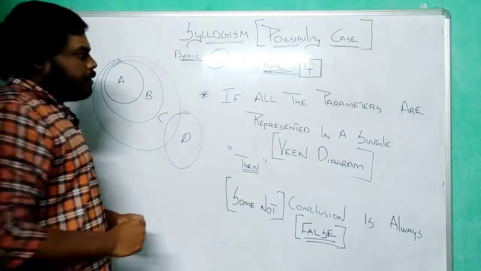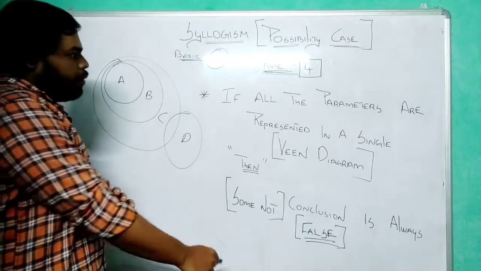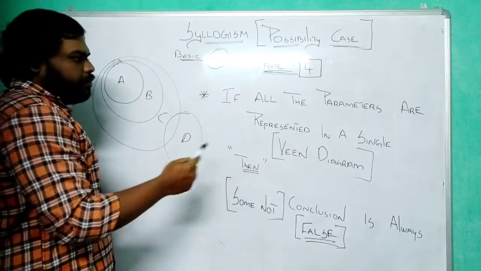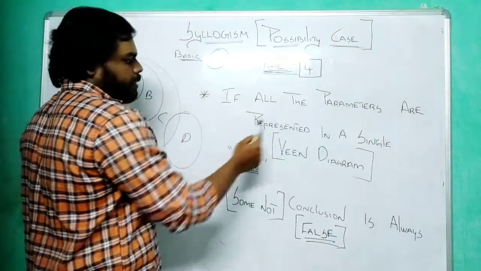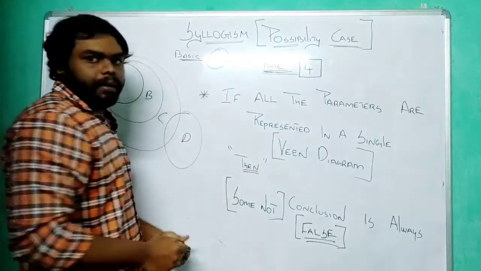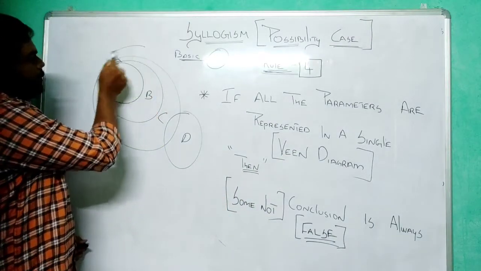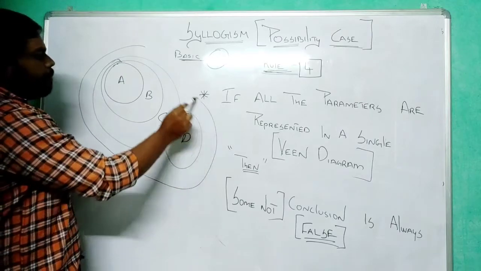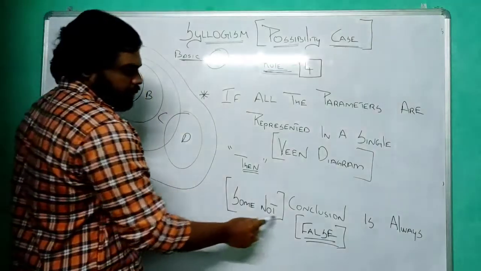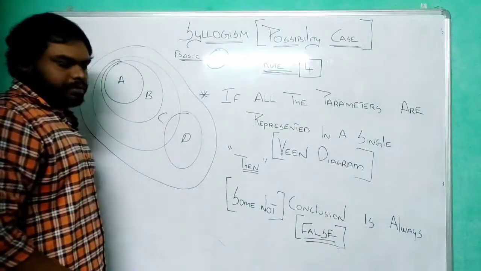Let's see rule number 4, right? The rule number 4 is also similar to the no conclusion. So, the rule number 4 says, if all the parameters are represented in a single Venn diagram, right? That is this case. If all the parameters are represented in a single Venn diagram, then a some not conclusion is always false, right?